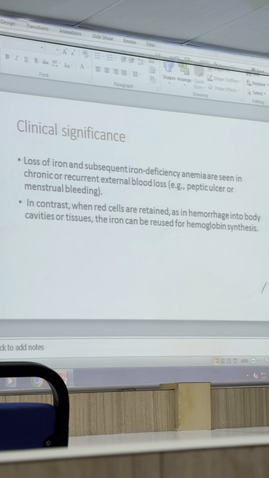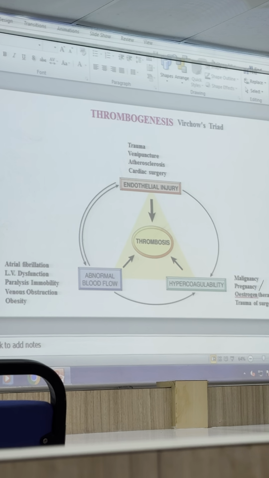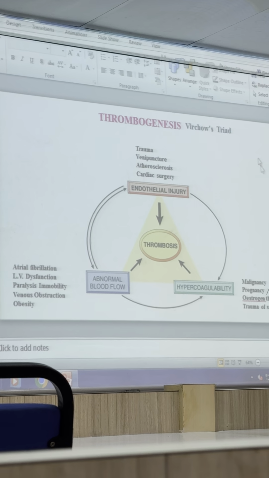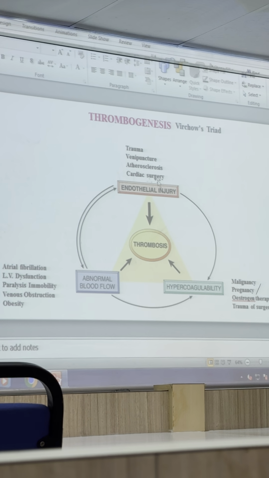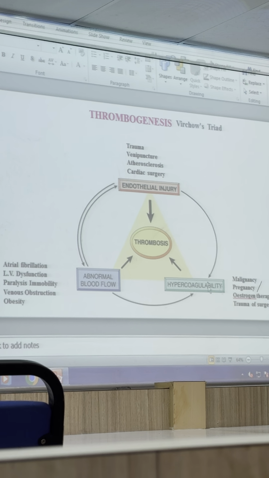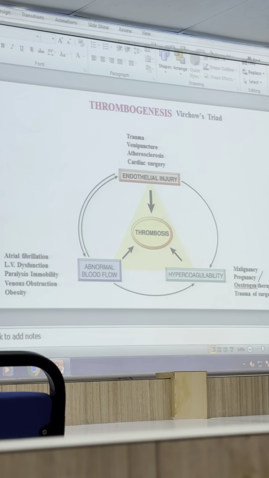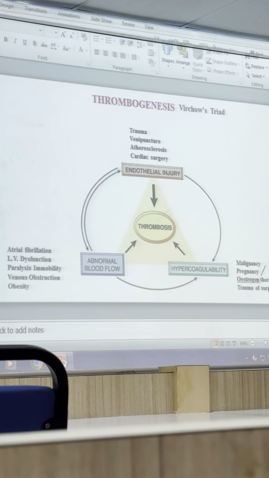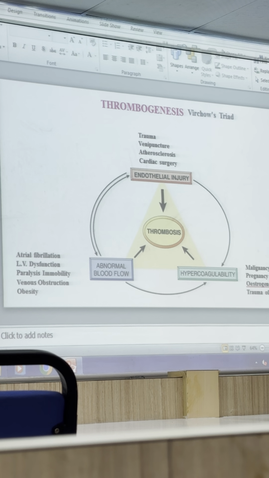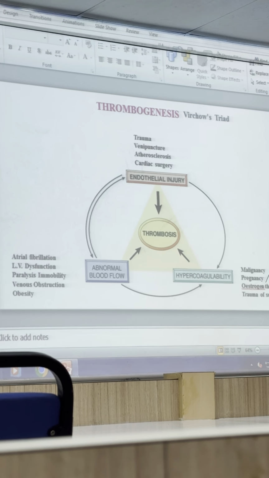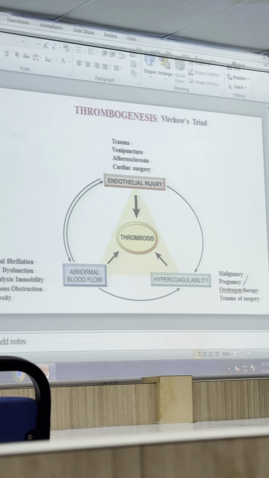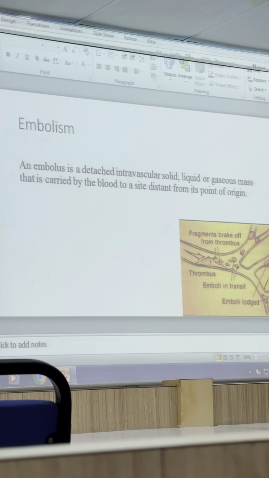Next important topic is thrombosis, the definition, the three names with one example each. Definition of embolism.